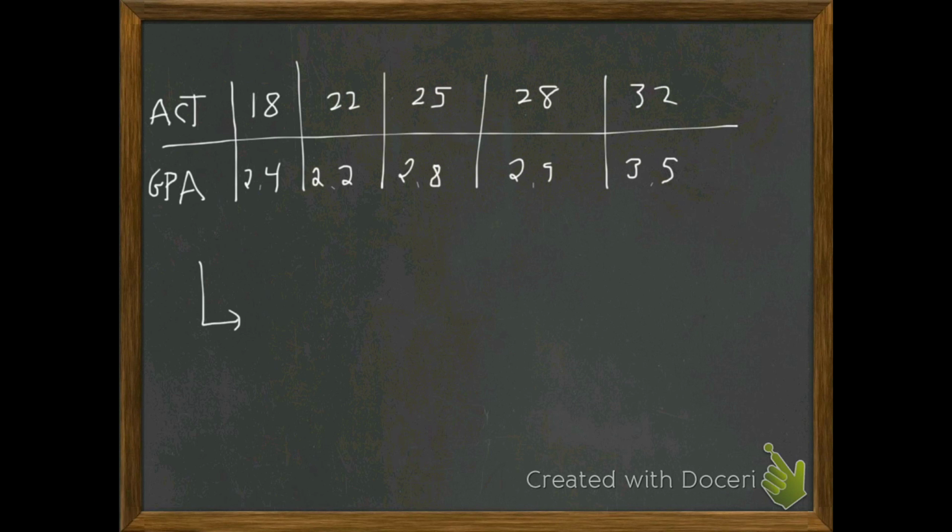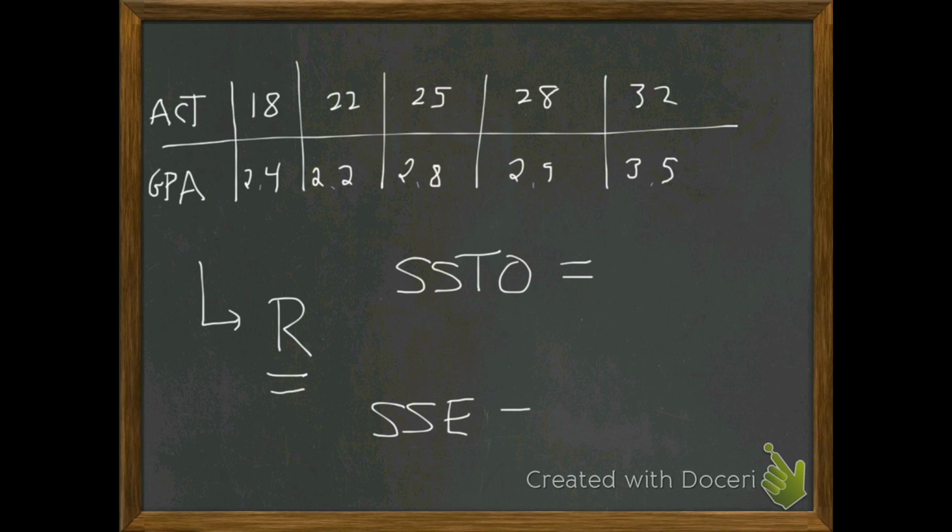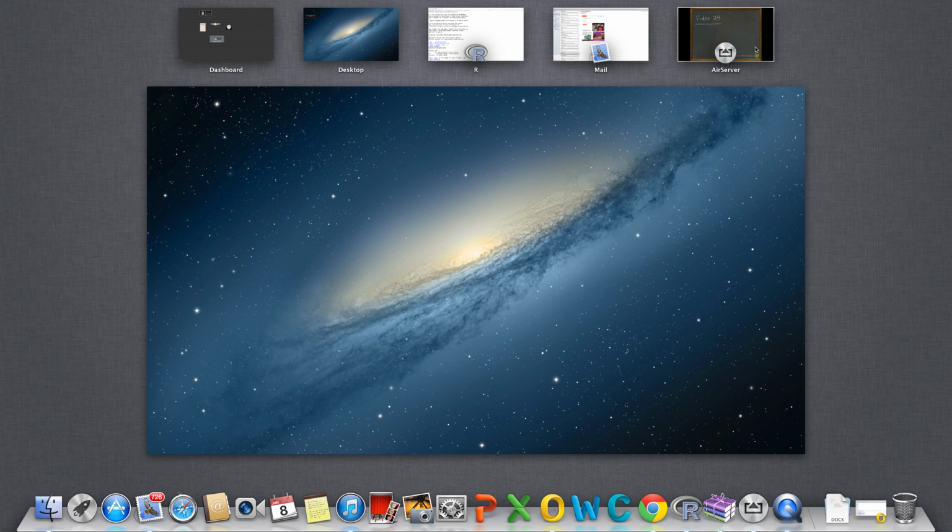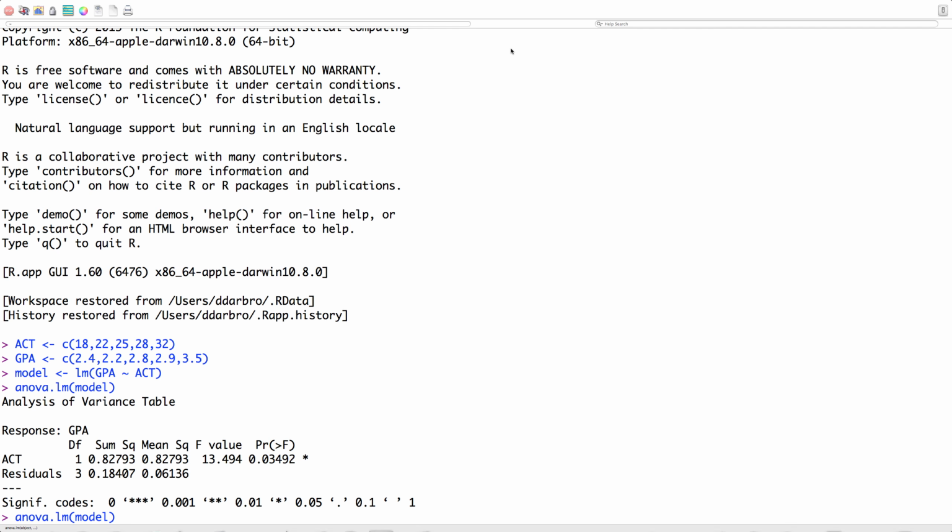So guys, what I want to do now is go over to R. And what I'd like to do here is just calculate the sum of squares total and the sum of squares for the error. Now this is really easily done on your TI-84 calculator, but I'm going to use R, and it's easily done in R too.